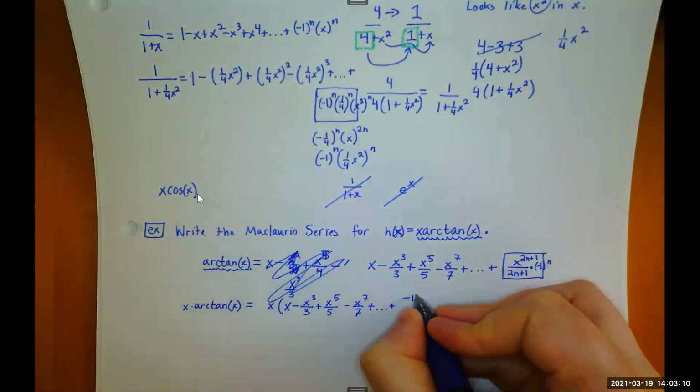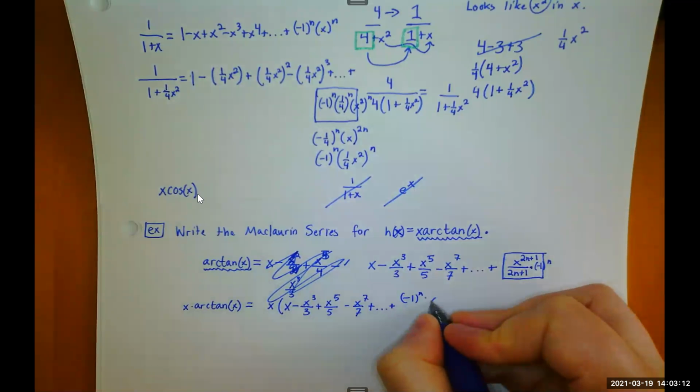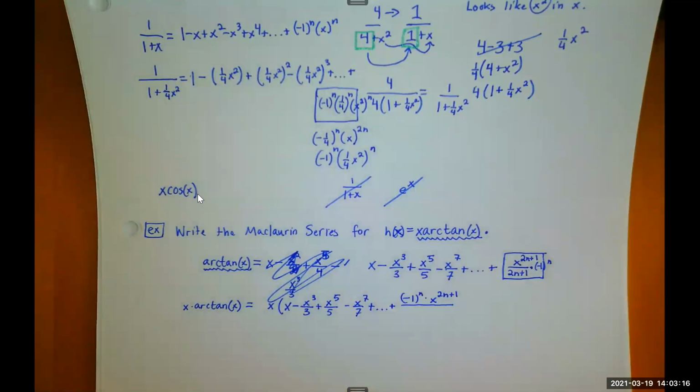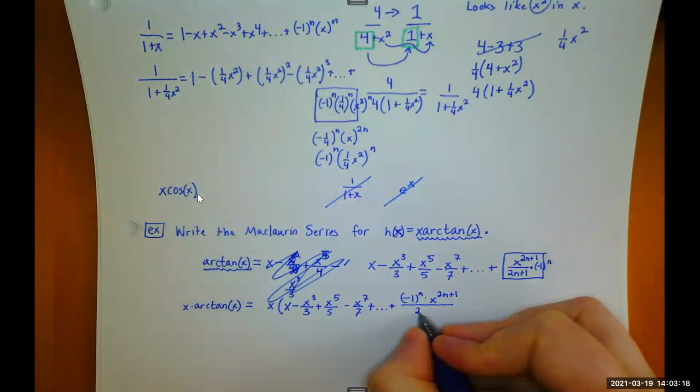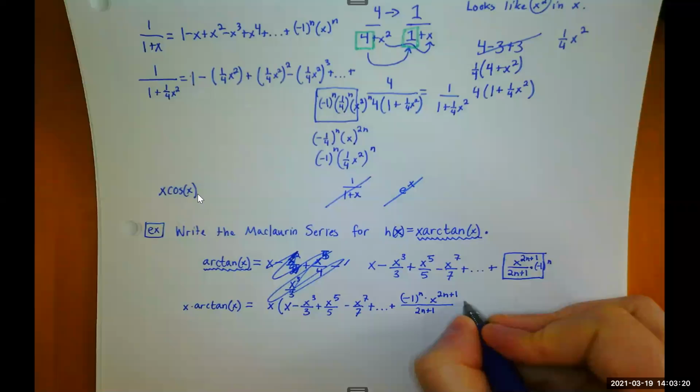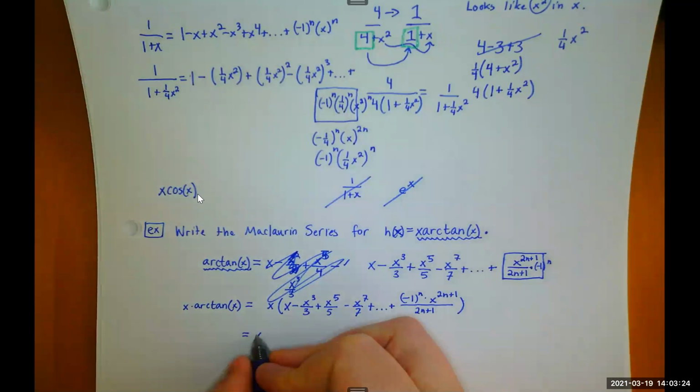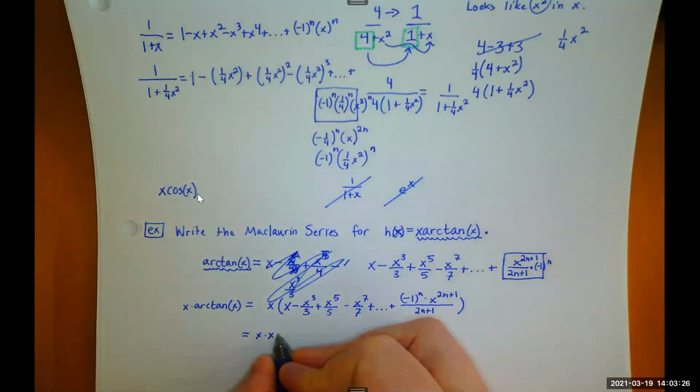I'm going to put it in the numerator here. Hope that's okay. -1 to the nth power, x to the 2n plus 1th power, 2n plus 1 in the denominator. We are literally saying we are going to do this.